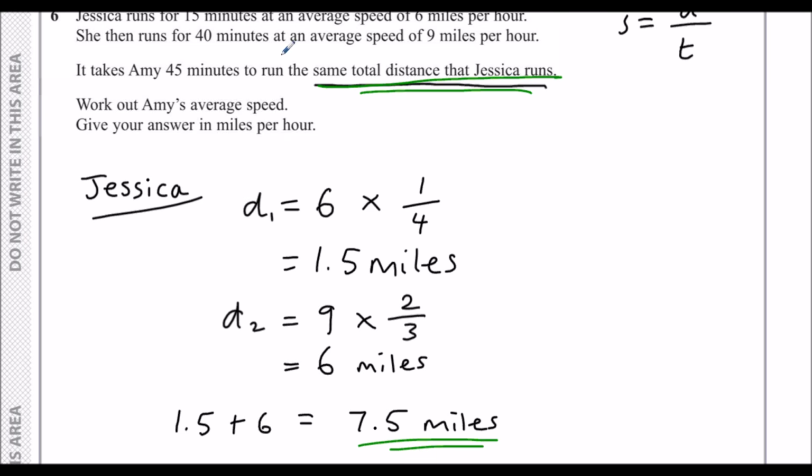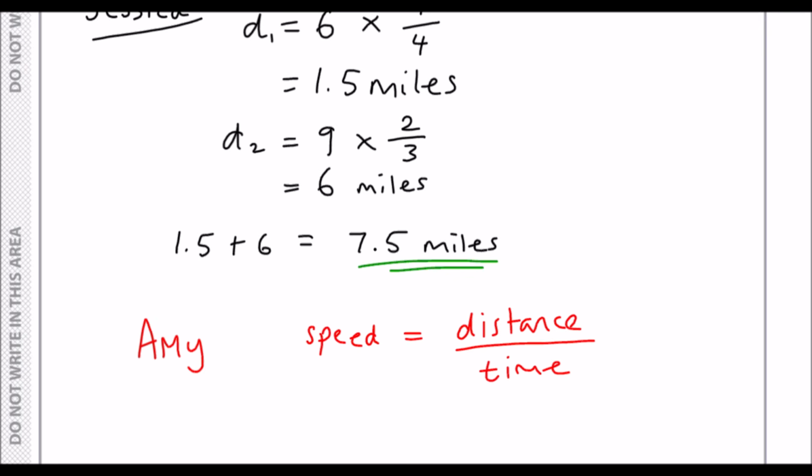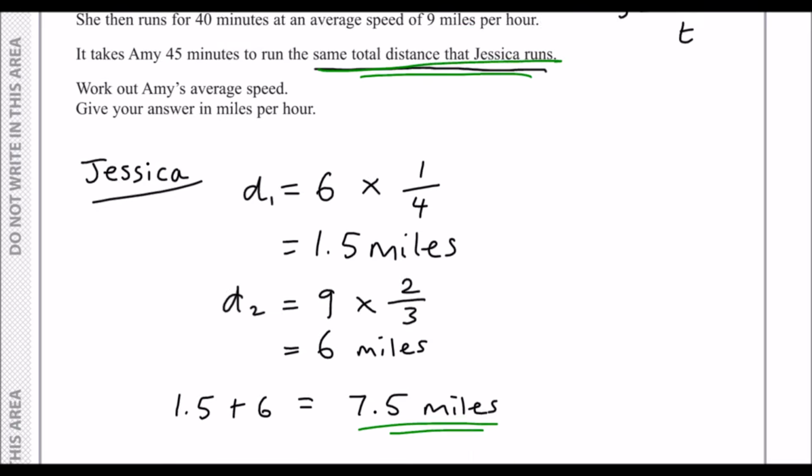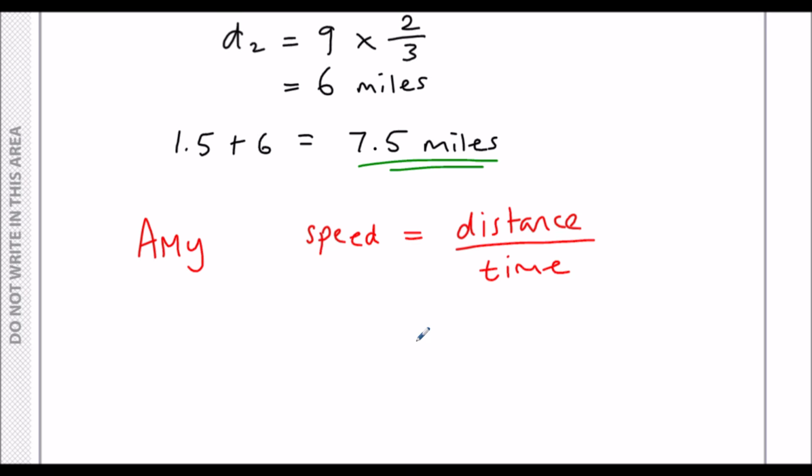So it's 7.5 miles. So now speed is distance divided by time for Amy. So the distance is 7.5 miles. The time is 45 minutes.